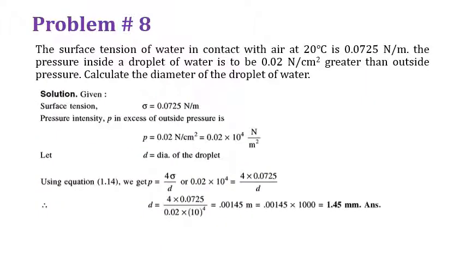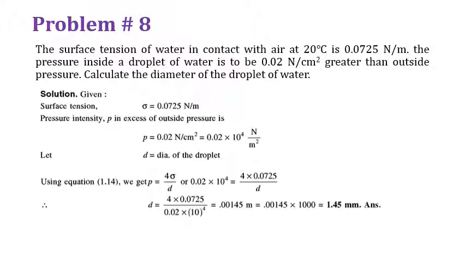The surface tension of water in contact with air at 20 degrees centigrade is 0.0725 Newton per meter. The pressure inside a droplet of water is to be 0.02 Newton per centimeter square greater than the outside pressure. Calculate the diameter of the droplet of water.